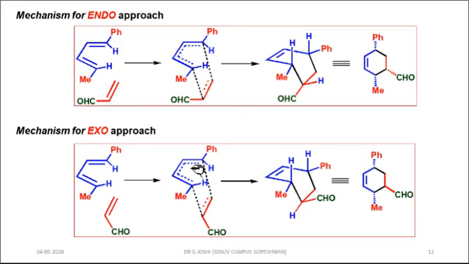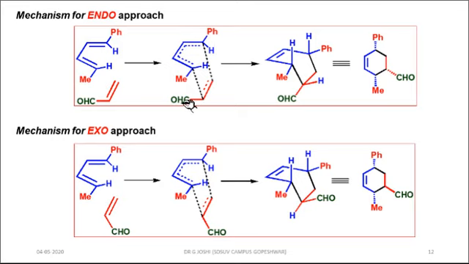Mechanism of endo and exo approach is shown here. We can see that since dienophile is approaching from bottom plane, hence the outside groups of diene, means this phenyl group and methyl group, will acquire below plane in the product.